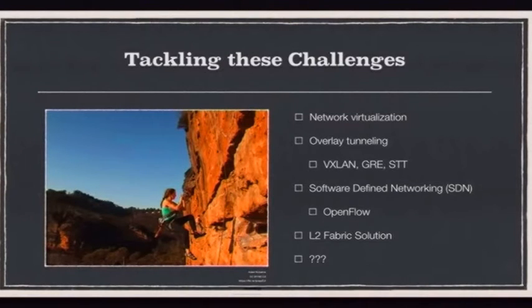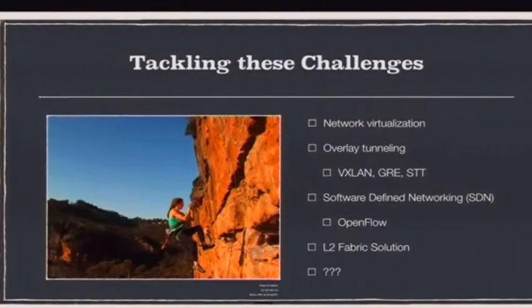SDN, and now people have started dropping the N, and you'll see blogs that say SD-X, with X as the fill-in for software-defined networking functions, via OpenFlow, which gives you the ability to program the switch flows. There are lots of different L2 fabric solutions. I always put question marks on here because as technology progresses, networking companies and vendors are always implementing new solutions. So we wanted to make sure we didn't box ourselves in.